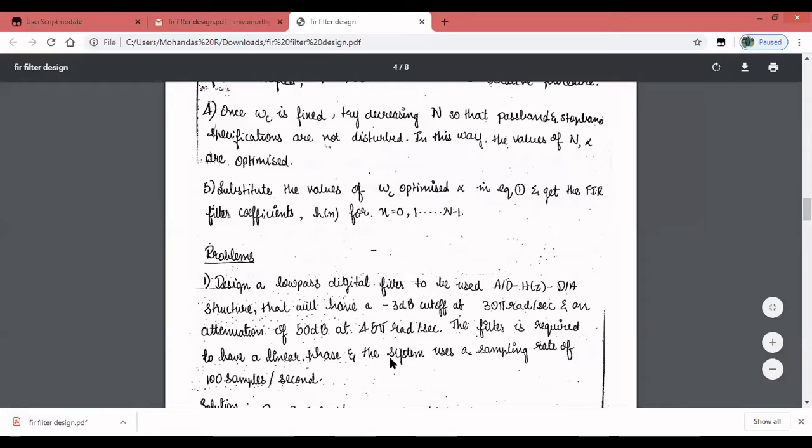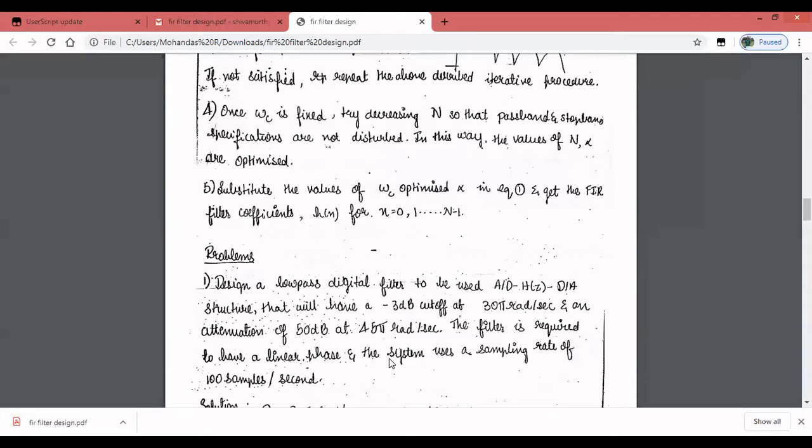We can see they have not specified what type of filter, whether it is an IIR filter or an FIR filter, but we can make out which by looking at the words: the filter is required to have a linear phase. So from the words linear phase, we can tell that the filter I am trying to design is a finite impulse response type of filter.